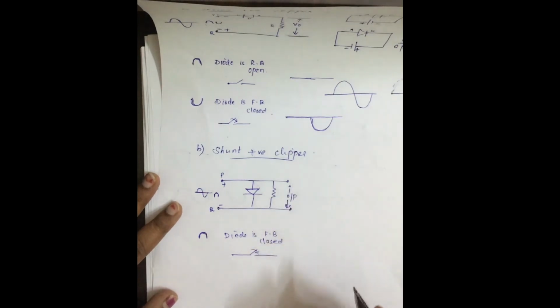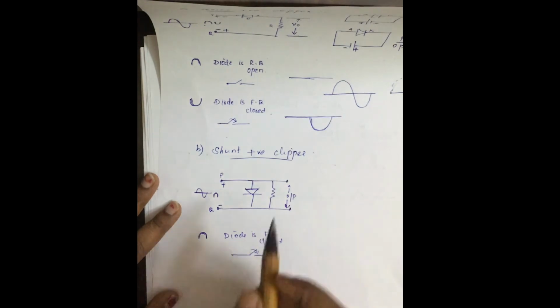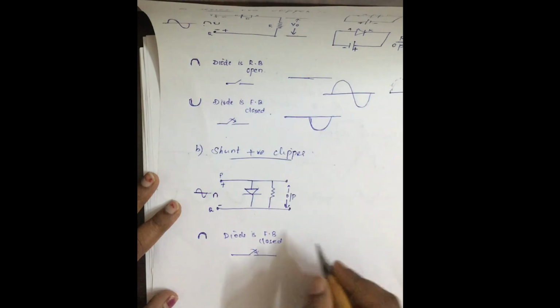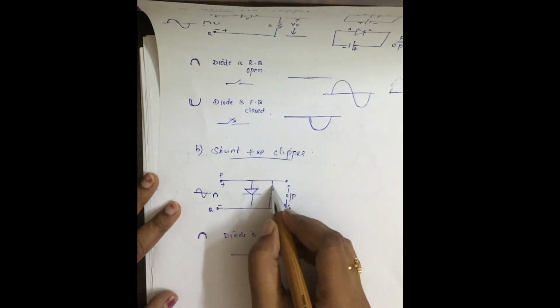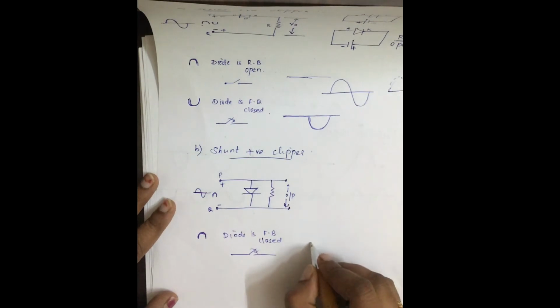The diode is acting as a closed switch, so the entire current is flowing through this diode. So no current is flowing across the output resistor, so you will get no output.